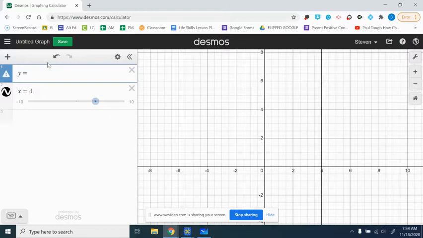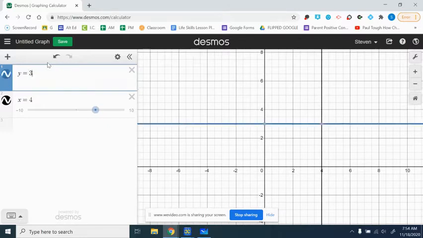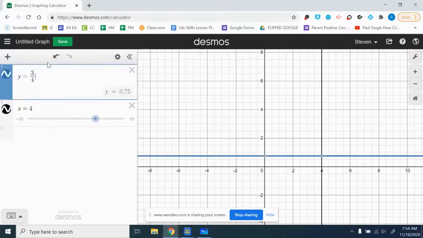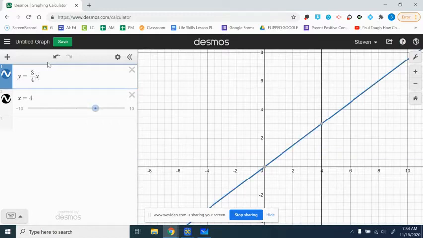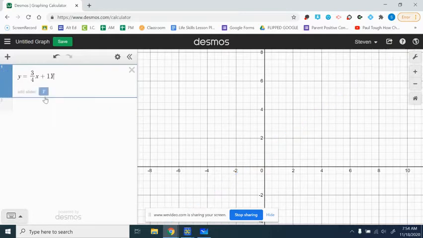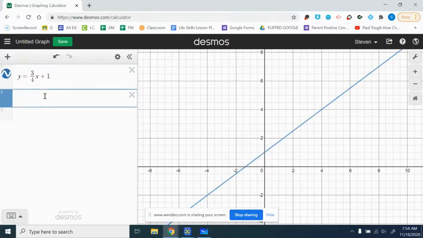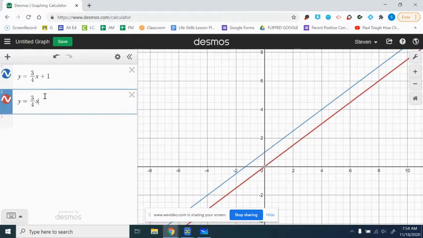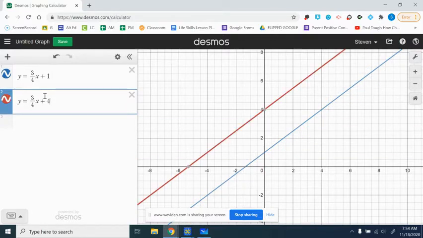non-vertical lines. So how about we do y is equal to 3/4 x plus 1 and y is equal to 3/4 x plus 4.